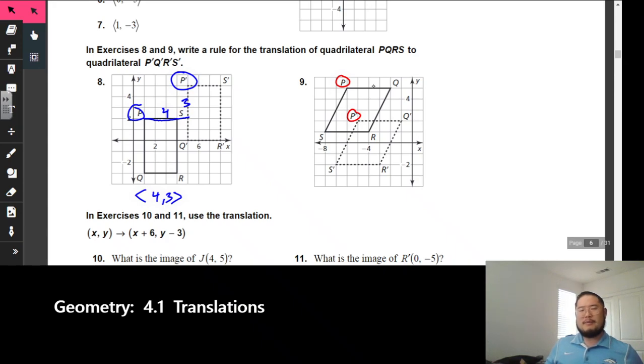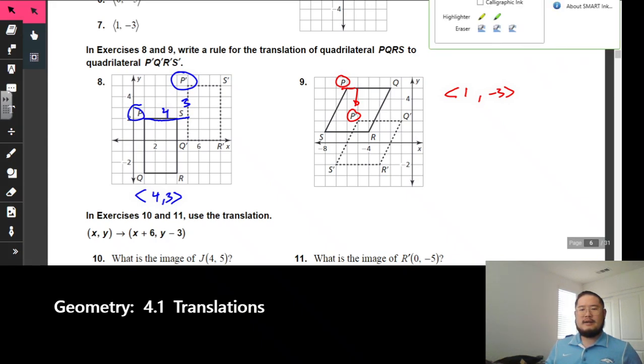Flip things around, right? Remember, the first number should be left or right, so I should actually have had 1. It goes to the right 1, and then it goes down 3. So 1, -3 should be our answer right here. All right, and there is number 9.